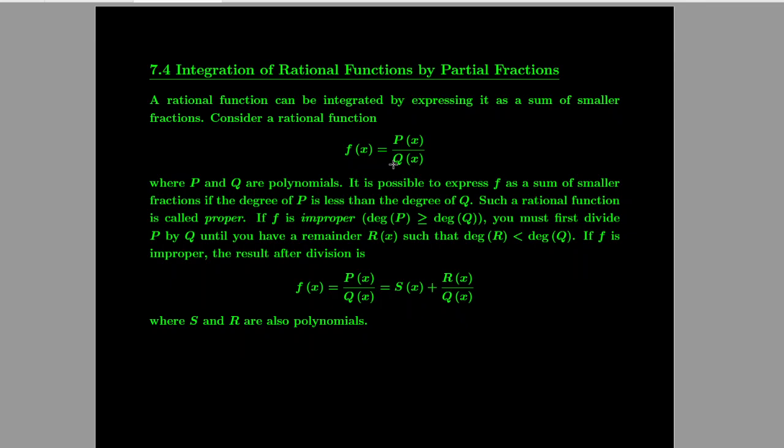The first thing we do is to define what we mean by improper rational function. By improper, we mean the degree of the numerator is greater than or equal to the degree of the denominator. In this case, you do long division.